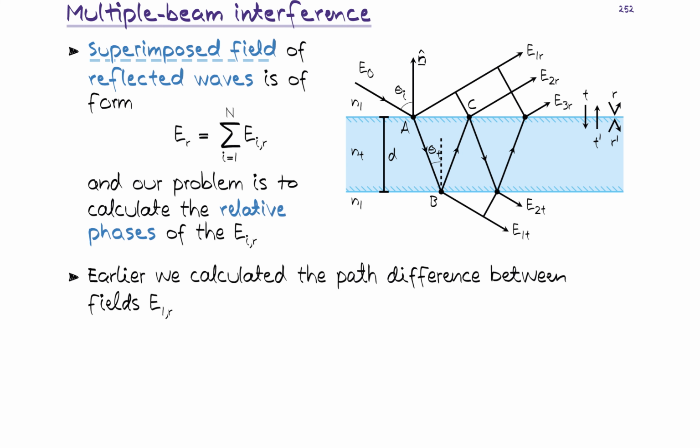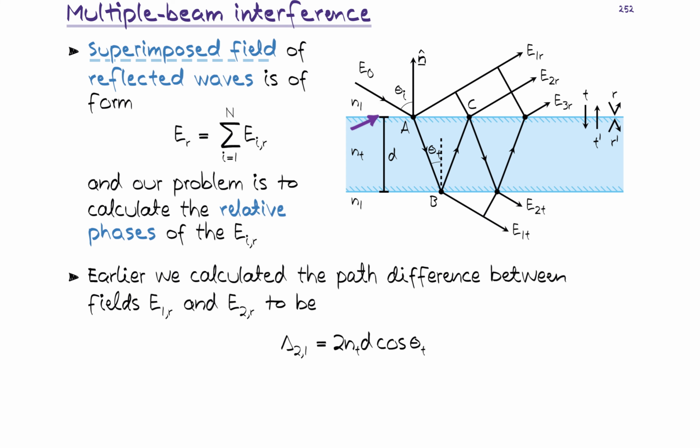Earlier, we already calculated the path difference for the field of the first reflection, so E1R and E2R, so that the path difference between these different rays, lambda 2,1, was of the form 2 times nt, that's the refractive index of my thin film, times d times cosine of theta t.